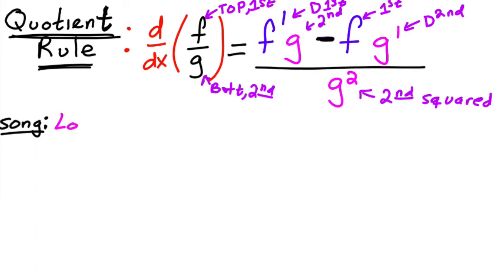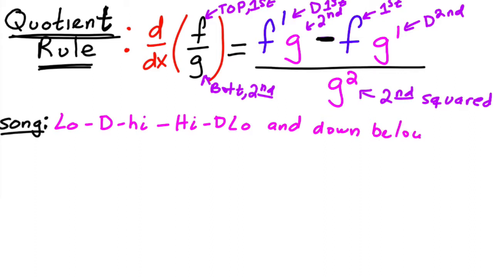The way it goes is: low D high minus high D low, and down below, low squared will go.